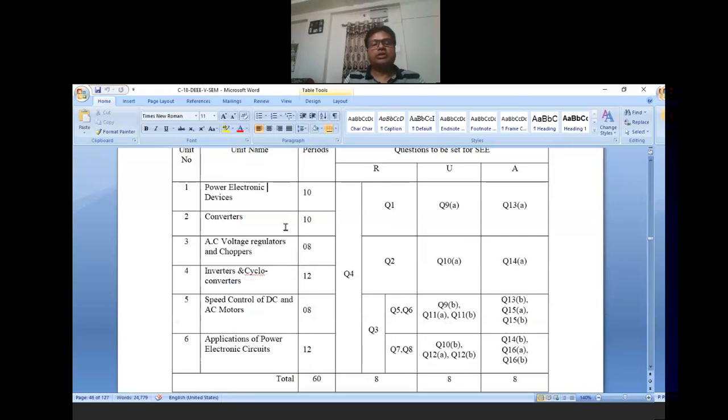Next, converters, that is the different devices which will be used in the field of power electronics by using the above power electronic devices to have our applications.